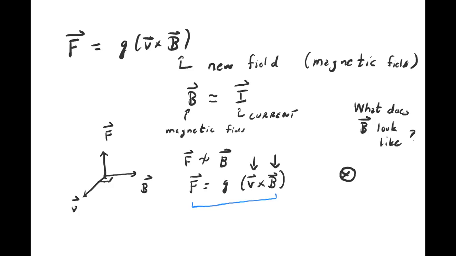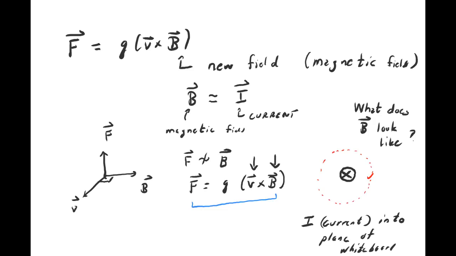So if you look down the edge of that wire and you pass a current I, remember currents are vectors, it goes into the plane of my whiteboard that I'm writing on. So given that geometry, what we're claiming is that this current generates a vector field that looks like this.